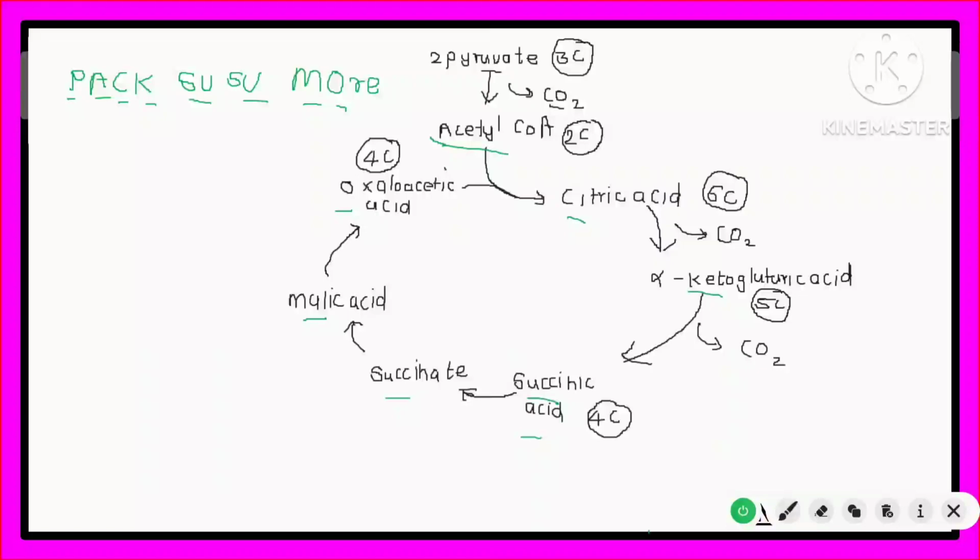The main content to learn is at what step there is the formation of NADH, at what step there is the formation of ATP, and at what step there is the formation of FADH. Now we will go to our main trick. To remember that, we just have to follow the simple actions we do in the washroom.